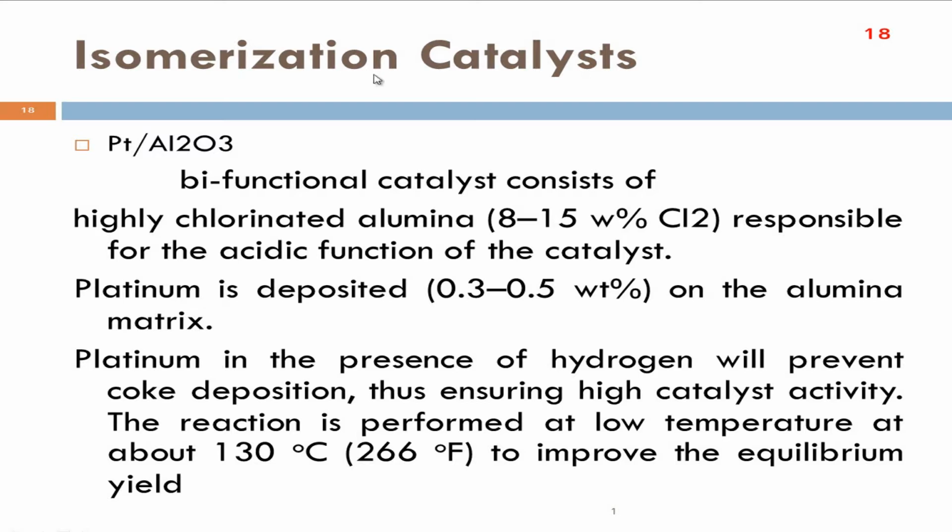In general, isomerization requires an acid catalyst. However, when you have an acid catalyst involved in the reaction, coking may take place. So what they usually do is to have the acid catalyst as the support, and then we have a noble metal to prevent the coking. In this case, we call this kind of catalyst a bifunctional catalyst.